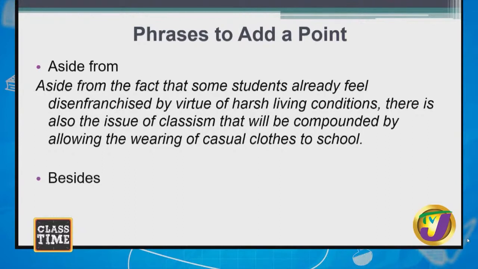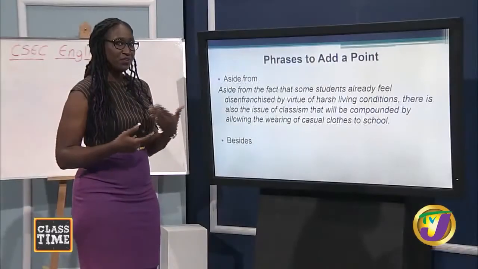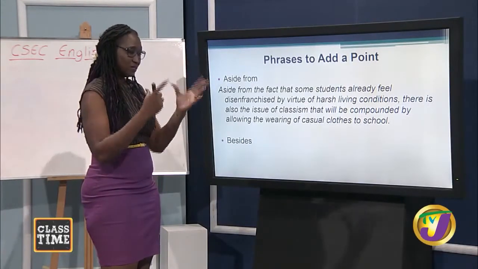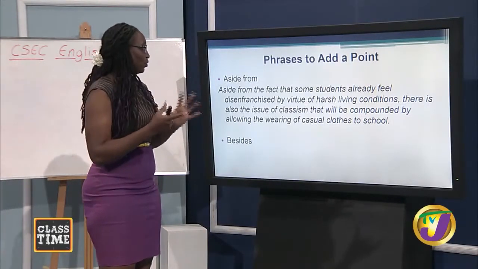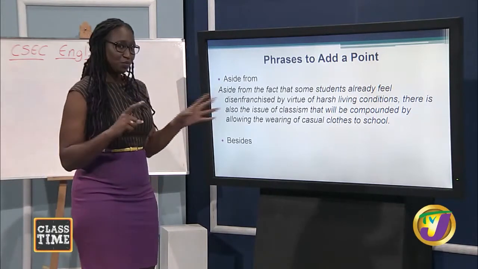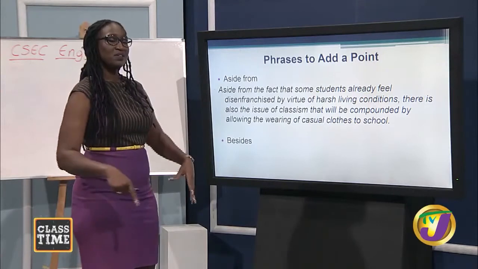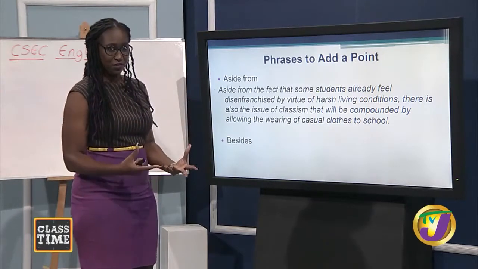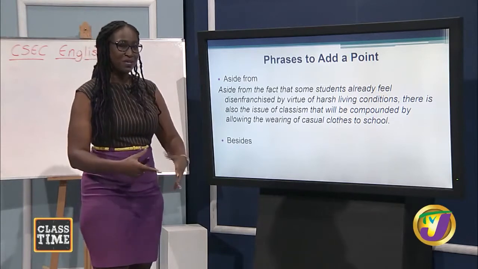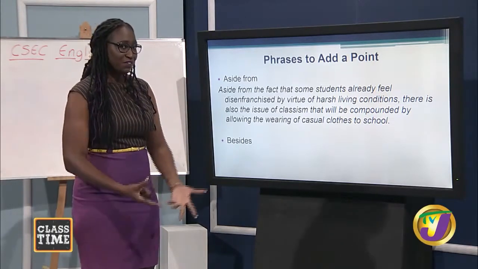So perhaps you had made the point that some students, because of where they live, where they're from, they already don't feel like a part of the unit. So that is one issue as it is. But now, if you take away the equalizer, the uniform, then you are going to make it even more difficult for them to feel like a part of the unit. So you are compounding the issue. You're making the issue that much more difficult.